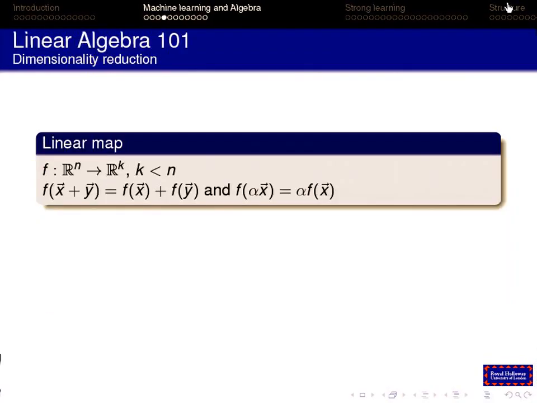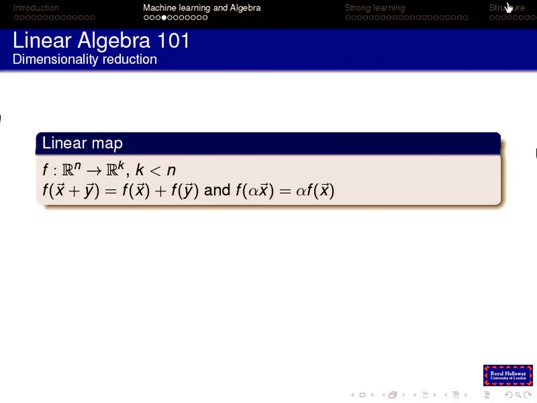Okay. Now, the other thing that we often do, and this is kind of linear algebra 101, I assume you're all very familiar with this, is we define maybe a linear map. We want to reduce the dimensionality of our space by mapping it from some high-dimensional space n to some low-dimensional space k. And that's how we would define linearity.